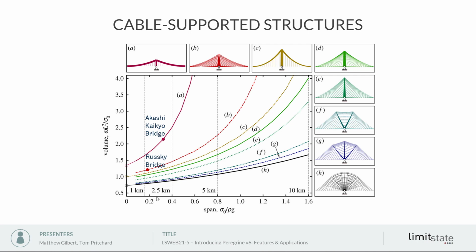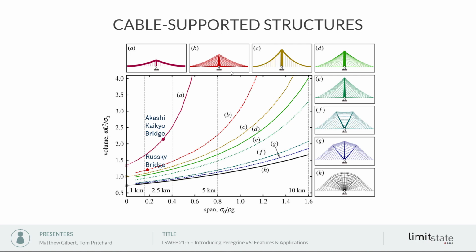And effectively what we're looking at here, say we take a span of 2.5 kilometers, we can see that for the type of structure that we would get with A, so our traditionally designed and built structure, then the volume is up here around 2.5. But as we move around and towards H, that volume reduces quite significantly down to maybe 0.5, 0.7, something like that. So maybe 3 or 4 times lower volume the further around these designs we go.